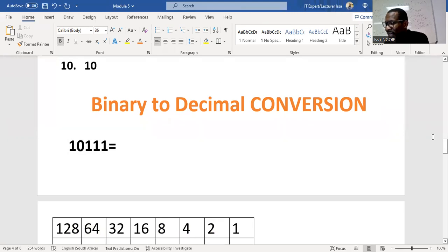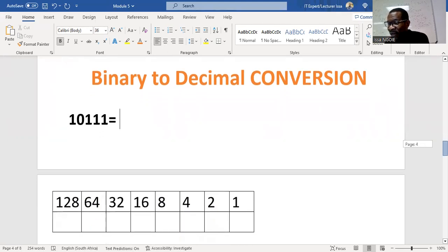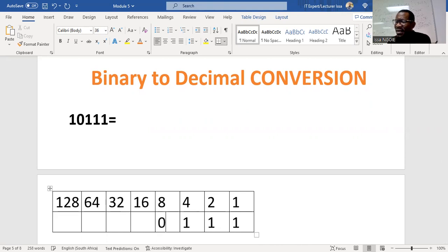Use the same table. You start here, the first digit is 1, you put 1 there. You move, you put again 1, there's another 1, you put 1, there's a 0, you put 0, and there's another 1, you put 1, right?